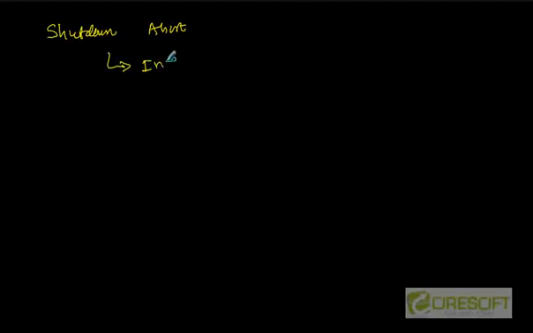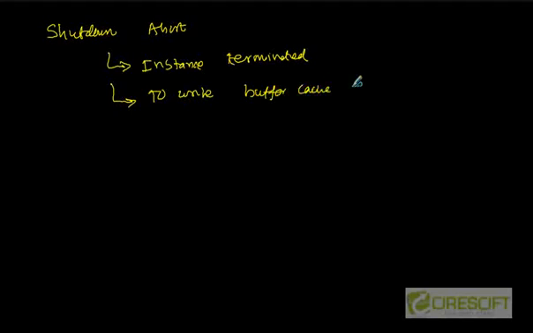That means the SGA is released and background processes are killed. Oracle doesn't have a chance to write the buffer caches to the data files, so the next time you do startup, instance recovery will happen automatically.